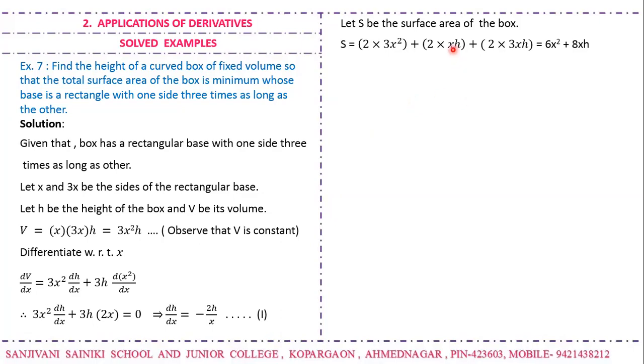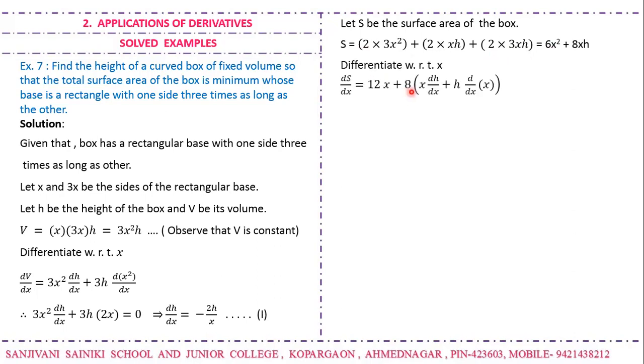So its area is x into h. Now they are 2, so 2 times xh. Again, there is one surface whose length is 3x and height is h. So its area is 3x into h. So they are also 2, so 2 into 3xh. So take the sum of all those, you get the surface area.